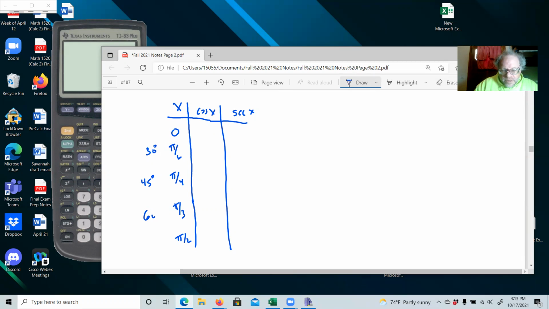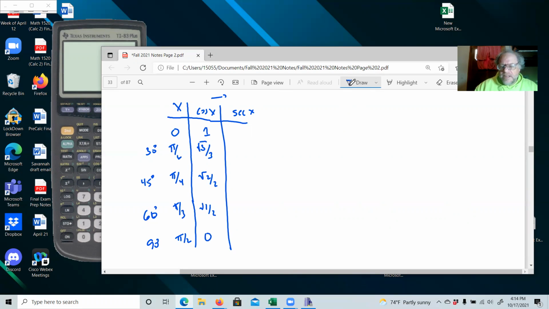We are measuring the horizontal distance. At 0, cosine is 1, and then at pi/6 the square root of 3/2, square root of 2/2, 1/2, and 0/2.